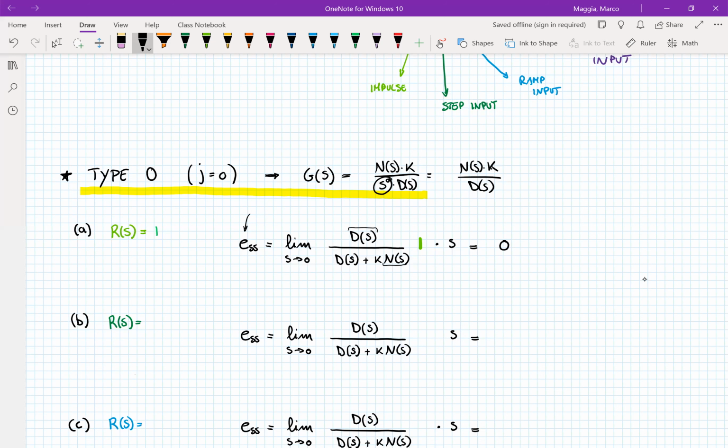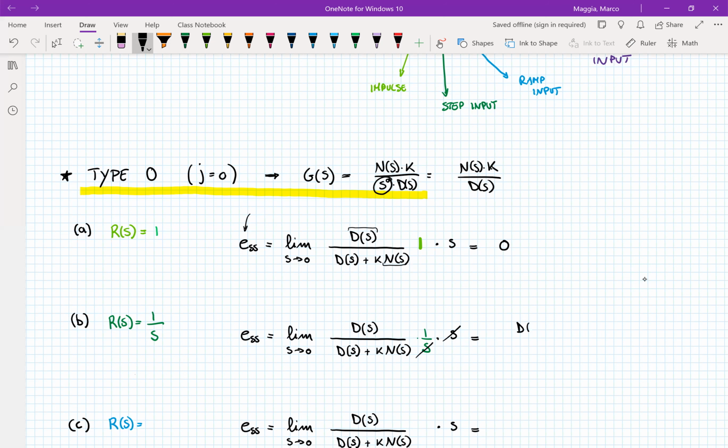What about if we change the input? Now we go from an impulsive input to a step input, that is 1 over S in the S domain. Now you see that this S cancels out with this, and so we're really left with a constant.